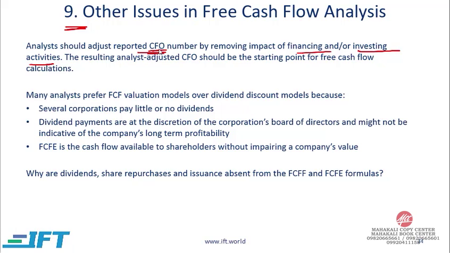But if you are coming up with a CFO in order to do valuation, then you need to remove any impact of financing or investing that might have crept into the reported number. So remove those contaminations and then you have a clean CFO number. Use that as a basis for your valuation.